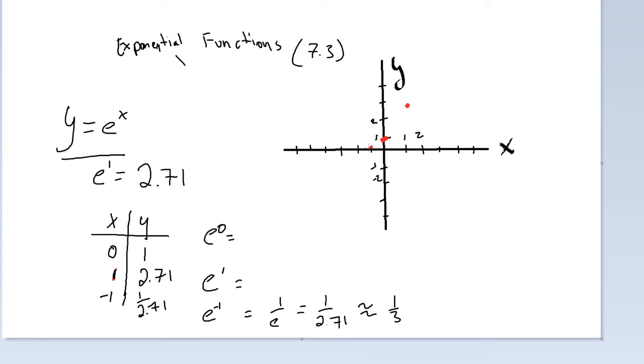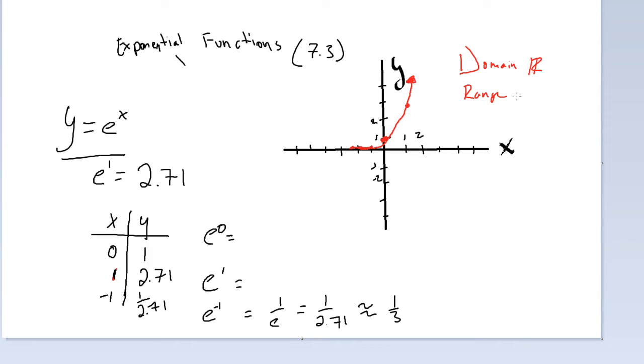Anyways, so on the left, as x approaches -infinity, y approaches 0, and as x approaches infinity, y is approaching infinity as well. So my domain here will be all real numbers.